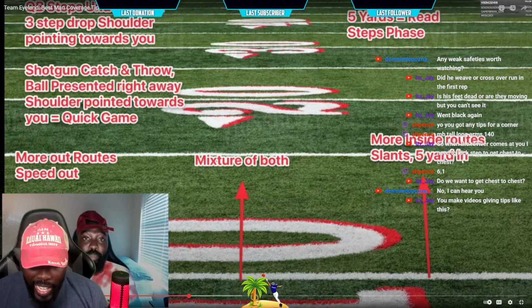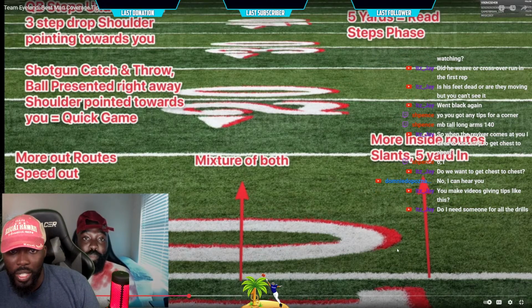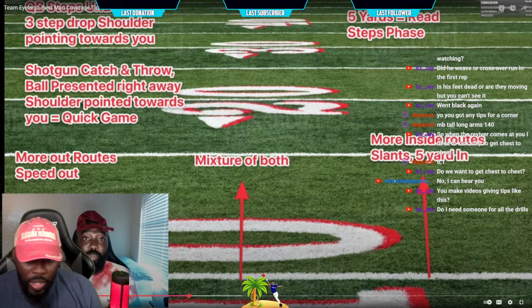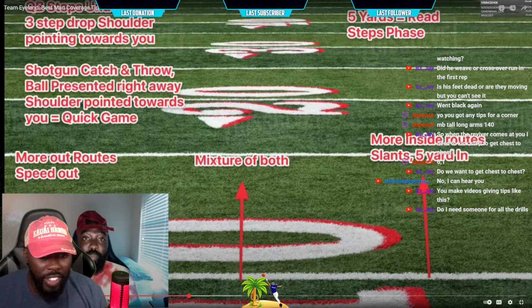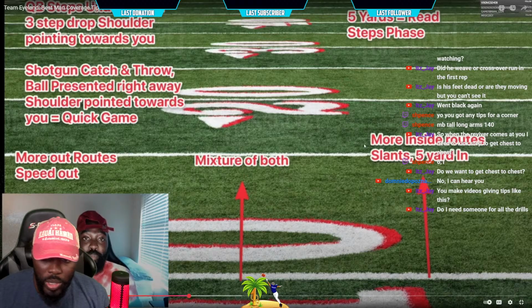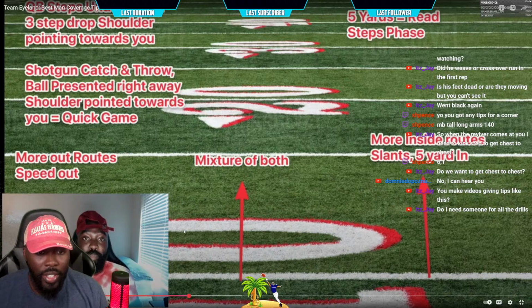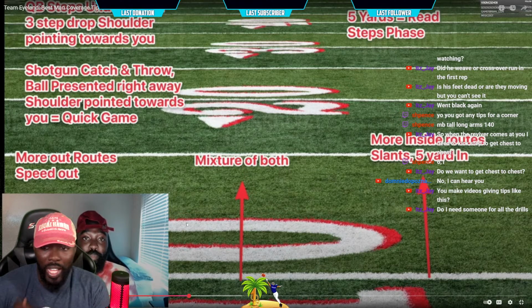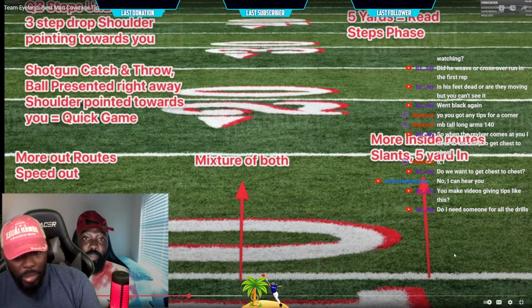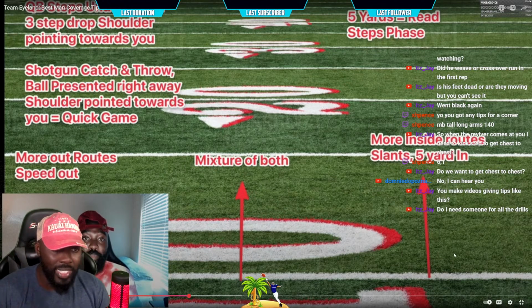It's a slant or a 5-yard in, especially if he's at the bottom of the numbers, closer to the sideline. We suspect something inside. If he's at the top of the numbers and gives us the hip drop, we know it's an outbreaking route, because there's more space to the sideline. Bottom of the numbers, less space to the sideline, more space inside.